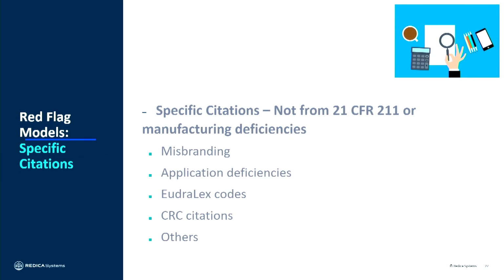And then there are specific citations that are not part of 211, we're talking about 211 from an FDA standpoint, not part of the regulations, maybe it's Health Canada, or whatever it is, not a manufacturing deficiency that is found on inspection, because we treat those separately. You'll find out in just a moment. So you can see that there are other specific kinds of things that can feed in to the red flag model.